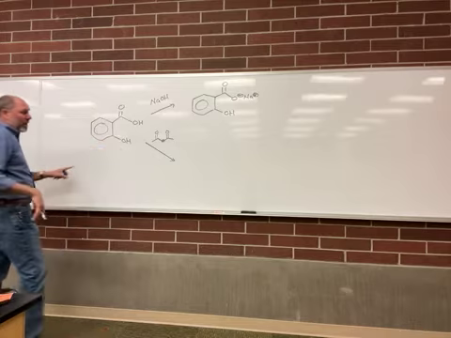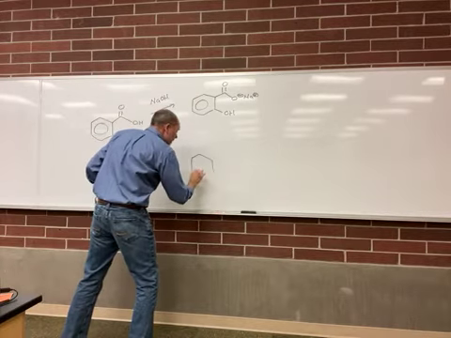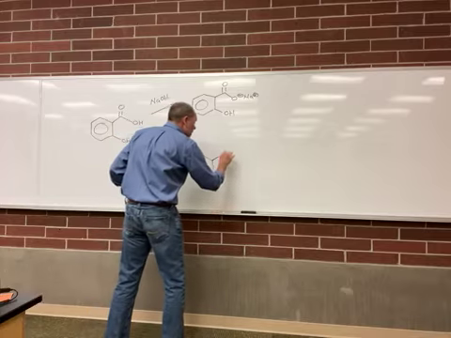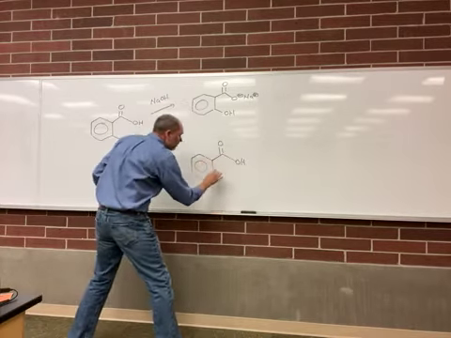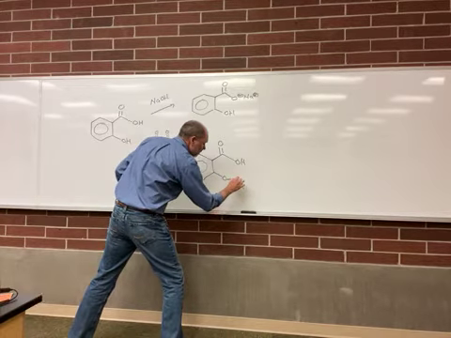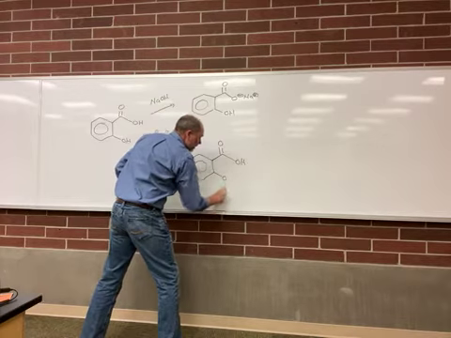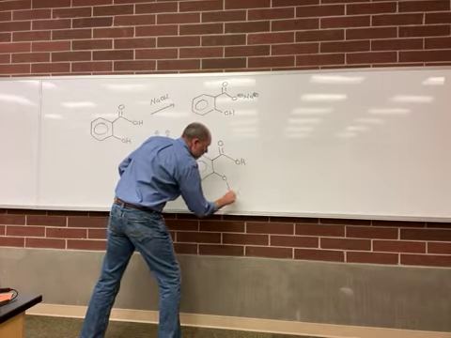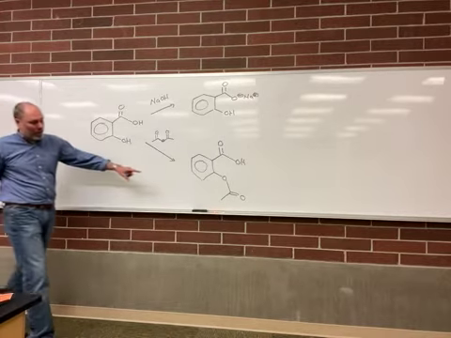You don't need to know what an anhydride is, I'm not going to go into that functional group. But they actually made this form of salicylic acid. So he put an acetyl group on it.